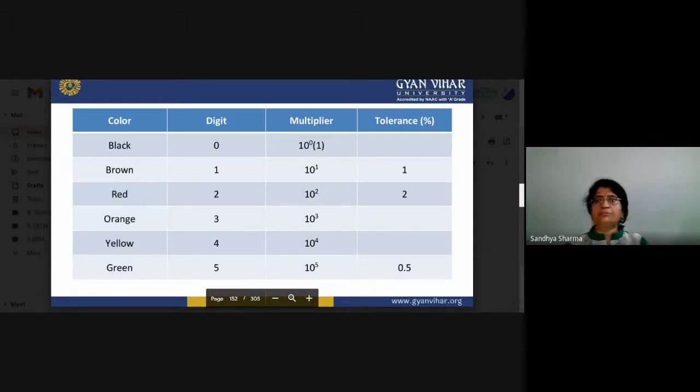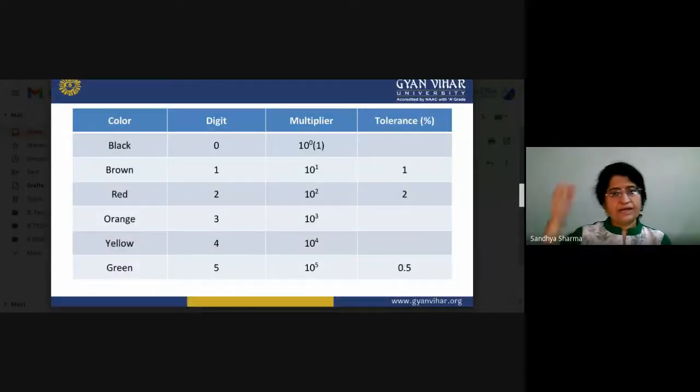If we are talking about the multiplier, the multiplier is basically the digit allotted to that particular color, and taking base 10, you take the value of that digit as the power. If you have brown and the digit is 1, that is a multiplier of 10 to the power 1. If orange, that is 3, so the multiplier is 10 to the power 3. In this way, this is a very basic table.